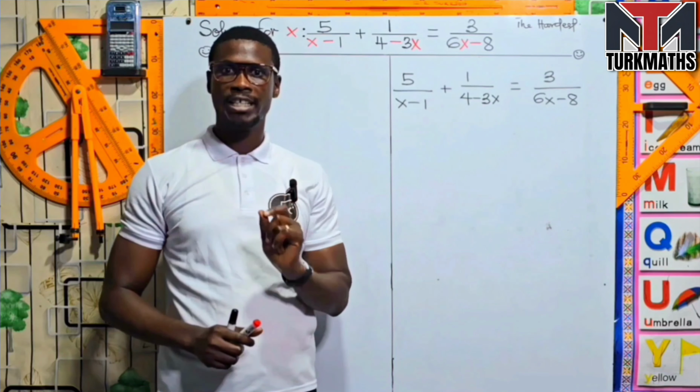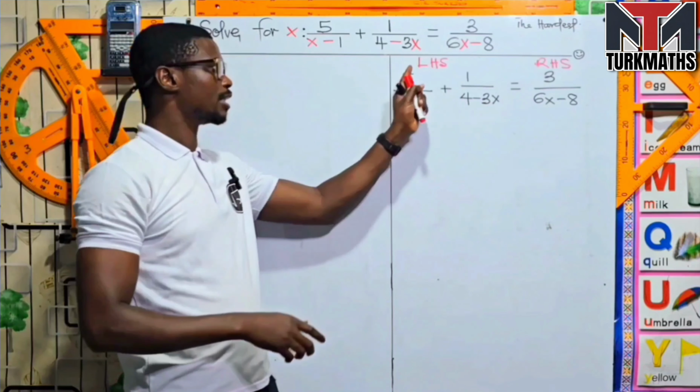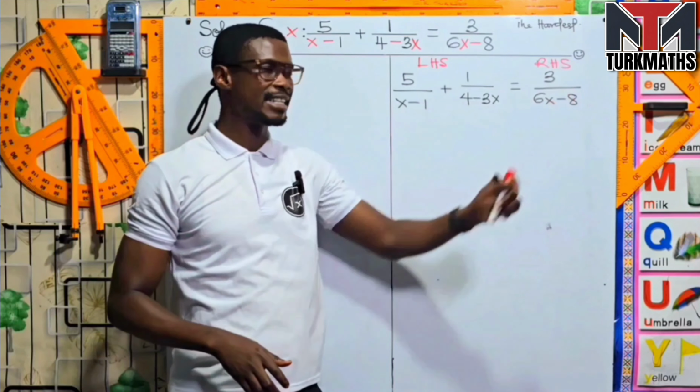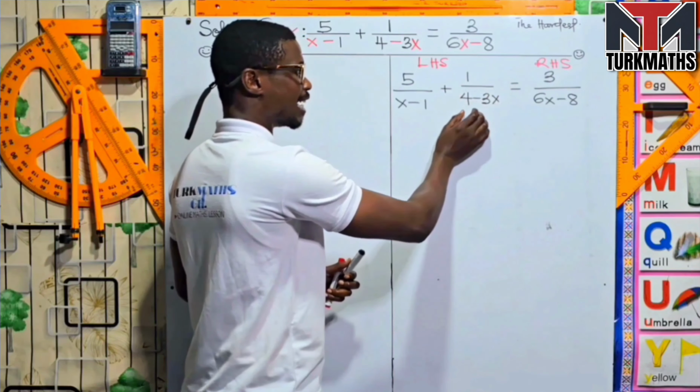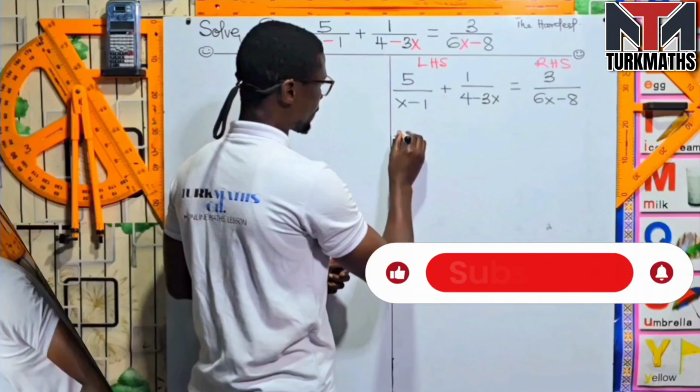So the first thing I'll do is to label the equation, the left hand side and the right hand side. The next one is to transpose this expression I have here to the right hand side.